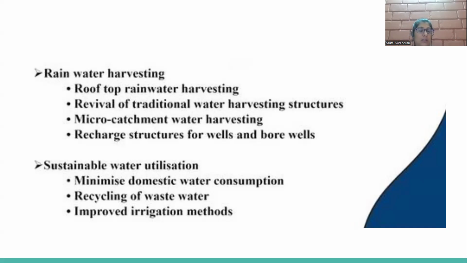In flush tanks there is a lot of water loss. If that kind of domestic water consumption is minimized, it is called sustainable water utilization. Similarly, recycling wastewater and using it for various purposes is a sustainable method. Improving irrigation methods by using drip irrigation and sprinkler irrigation saves a lot of water. So these are all sustainable water use techniques.